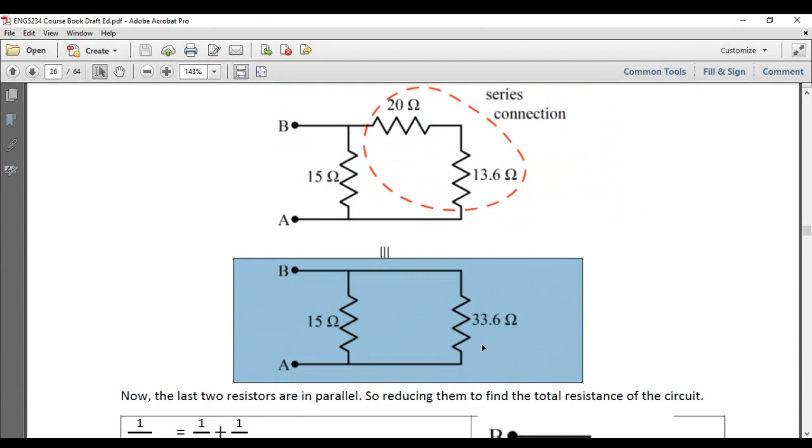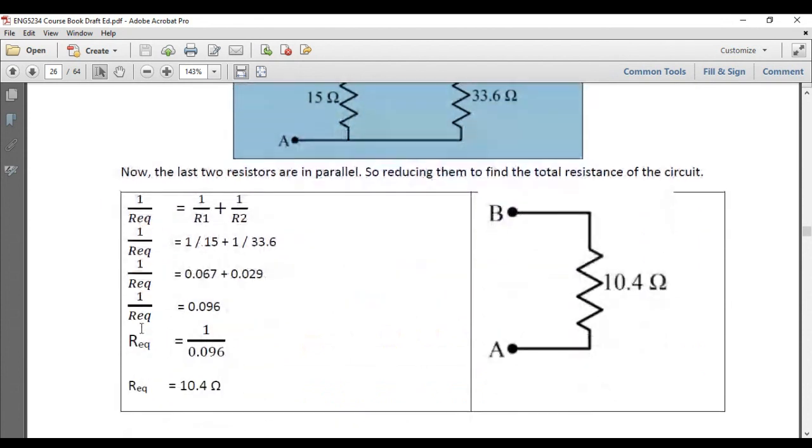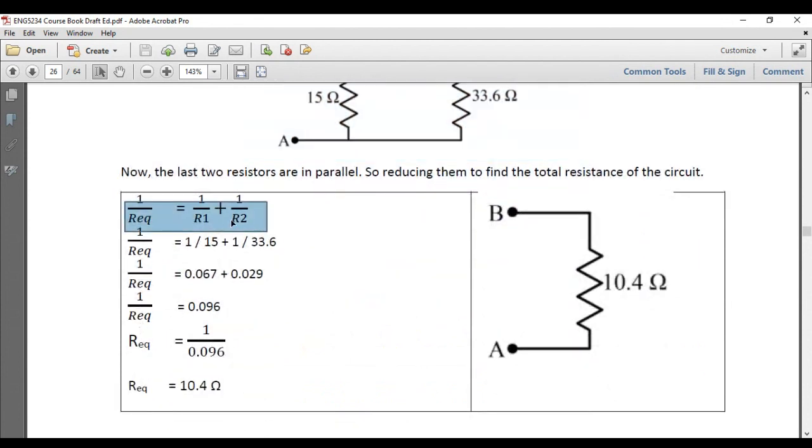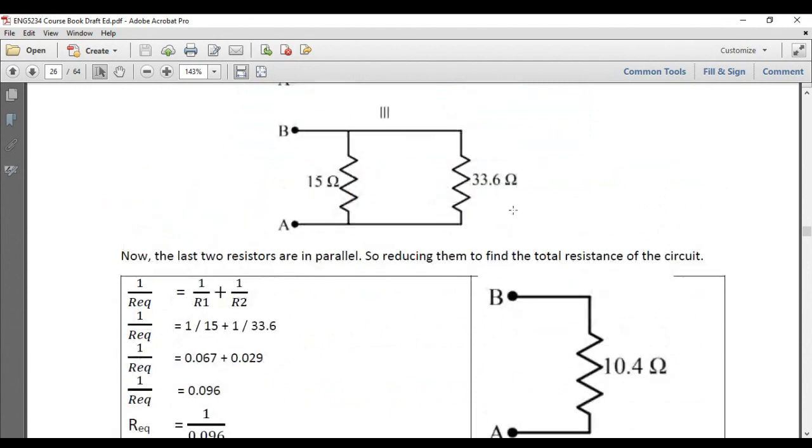At the same time, you are simplifying your circuit diagram. So after solving these two, you end up only with two resistors and they are connected in parallel. So to the last step, use a parallel formula, do the maths, and you find the equivalent resistance as 10.4 ohms.